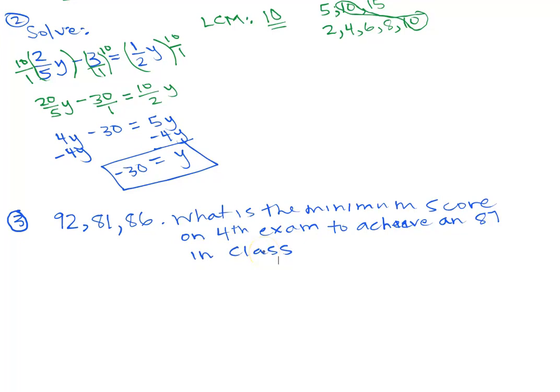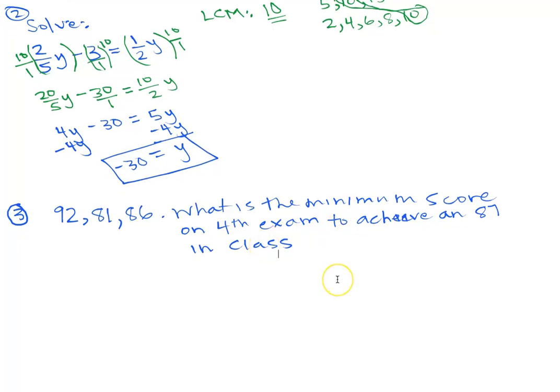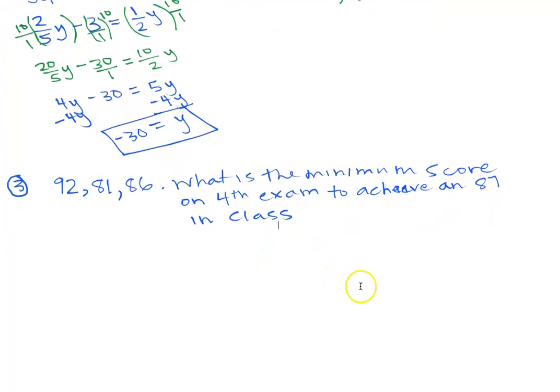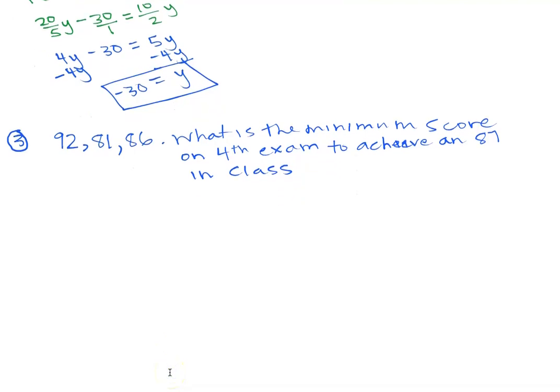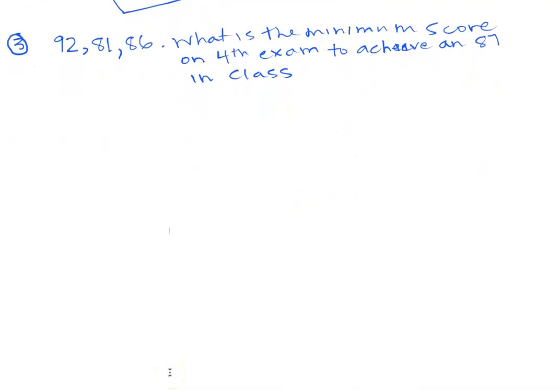Okay, so really this is a question where we are doing an average, but it also is one where we're using some inequalities, okay? So these are the 3 test scores that I'm given, all right? So I know I'm going to add those together.